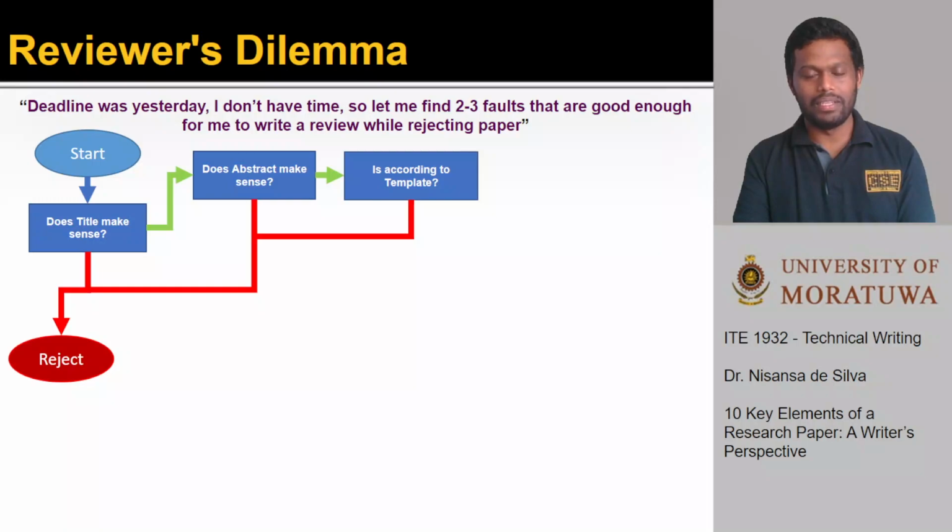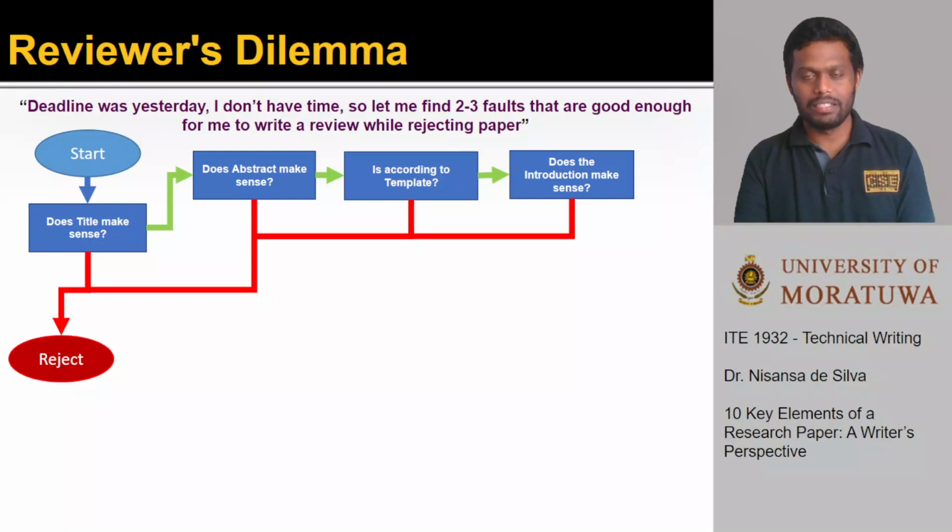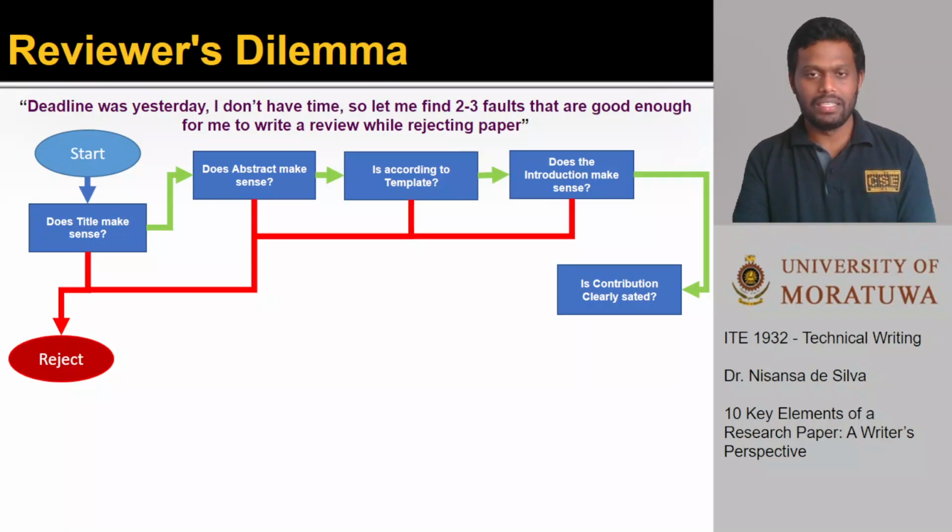If it is according to the template, read carefully to see whether the introduction makes sense. If not, reject. If the introduction makes sense, they would read more carefully to see if the contribution is clearly stated. If not, reject.